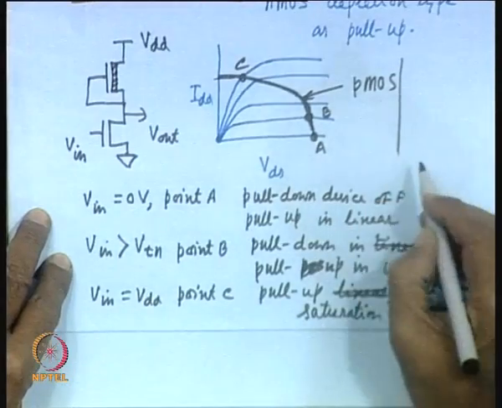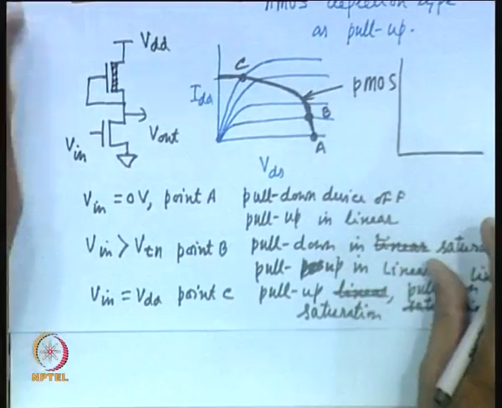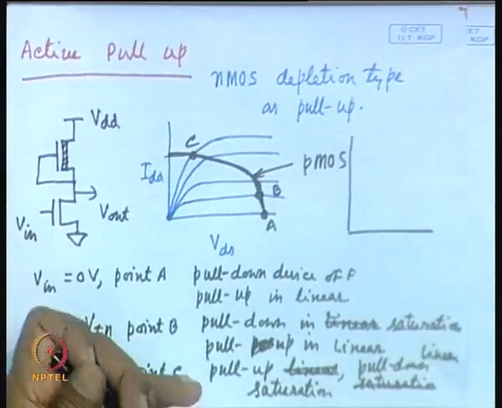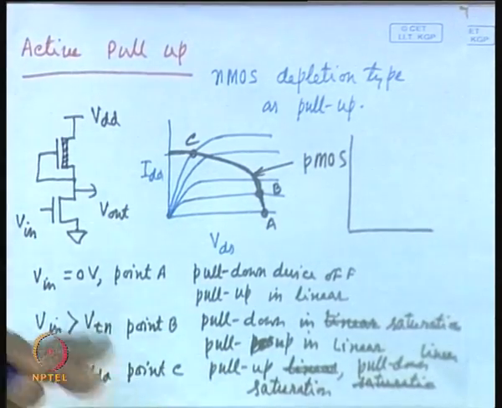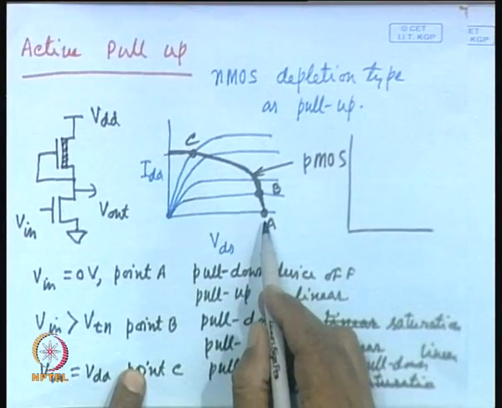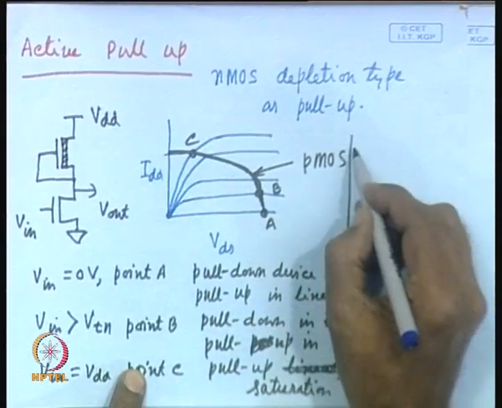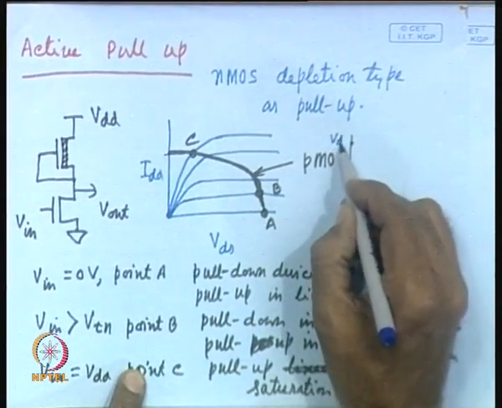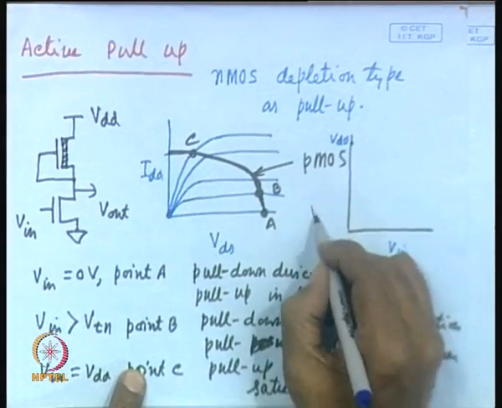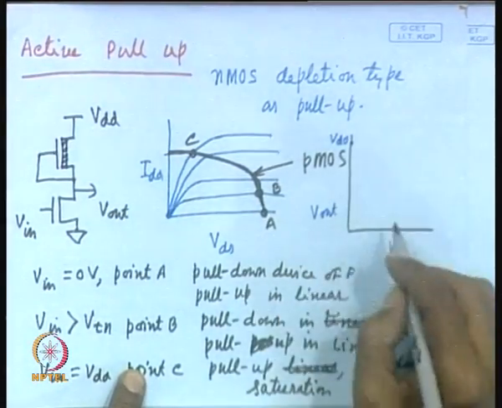So, the transfer characteristic can also be drawn. What will be the transfer characteristic? You can see here, when the input voltage is 0, what is the output you are getting? You are getting VDD, is not it? So, for this Vin and here it is Vout, transfer characteristic.